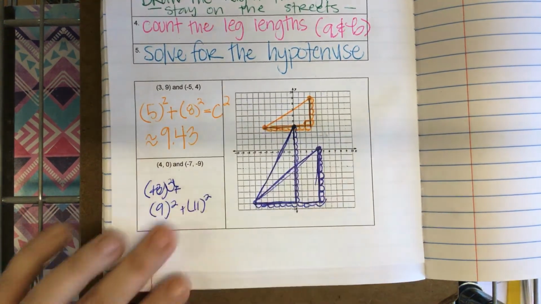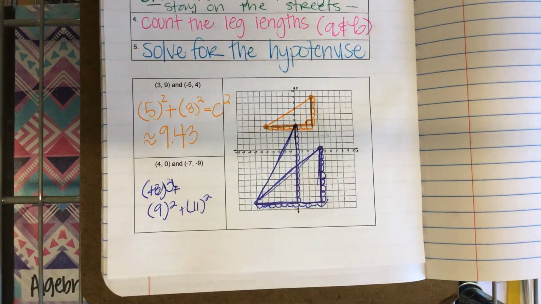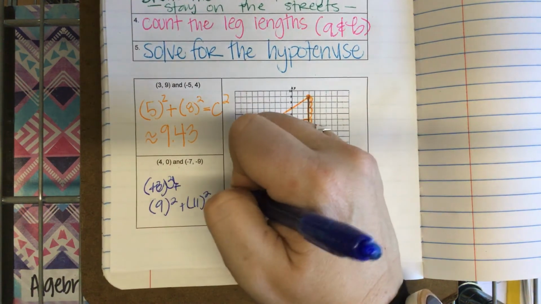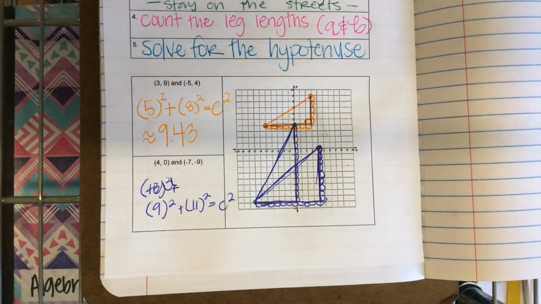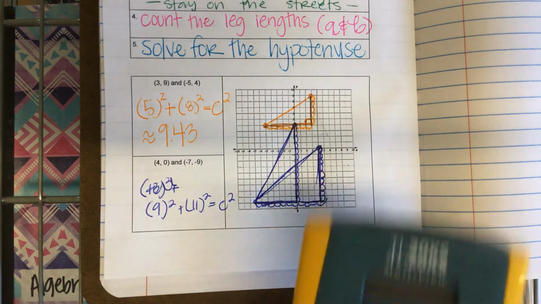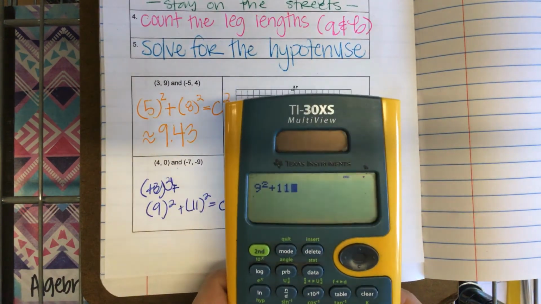Could you do 11 squared plus 9 squared? Yes. A and B can flip-flop back and forth. So 9 squared plus 11 squared.